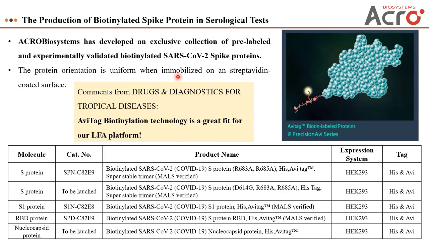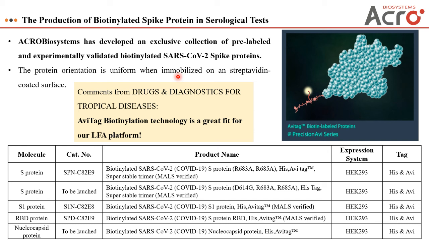ACROBiosystems has developed an exclusive collection of pre-labeled and experimentally validated biotinylated SARS-CoV-2 spike proteins. These products are produced using the AVI-Tag technology, which introduces a unique 15 amino acid peptide, AVI-Tag, into the recombinant protein during expression vector construction.